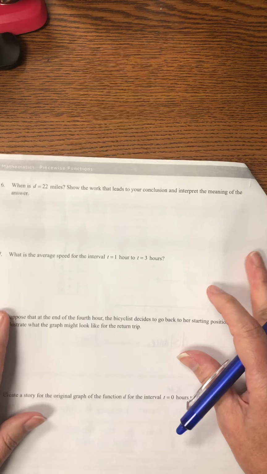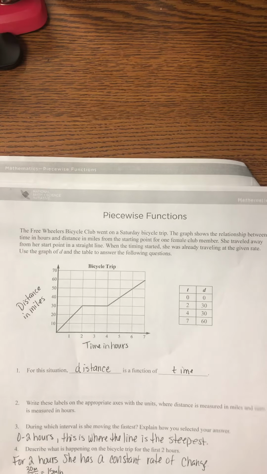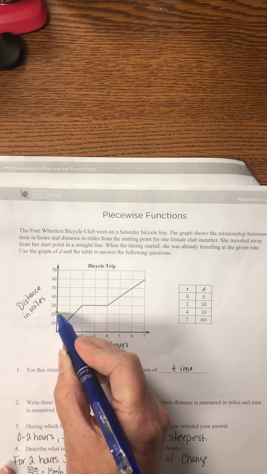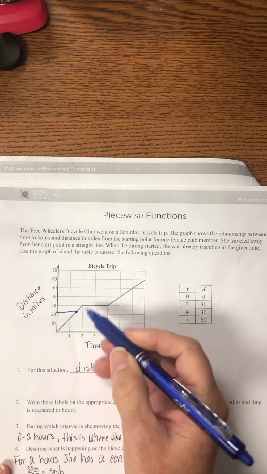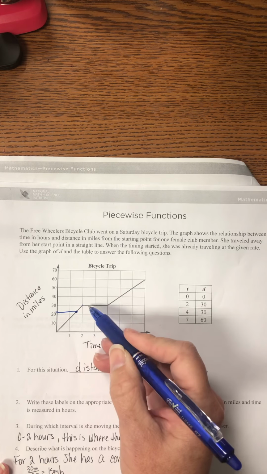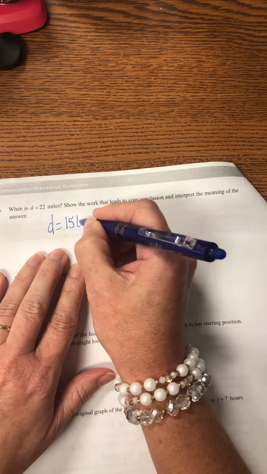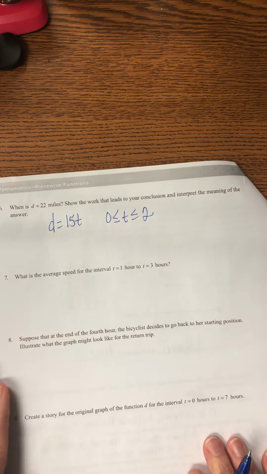it says, when is d equals 22 miles? When? What time? So d is your distance. So we're looking for 22 miles. So let's look at our graph again. So here's my distance. 22 miles is approximately right here. So if I follow it over to my line, I'm in that first interval, correct? In my first interval, our equation is d equals 15t, as long as the time is in between 0 and 2.